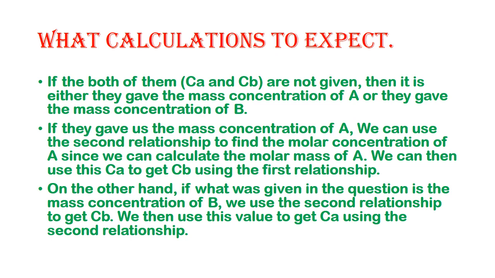If you are given the mass concentration of A in gram per dm³, you use the other relationship to find the concentration of that same A in mole per dm³.